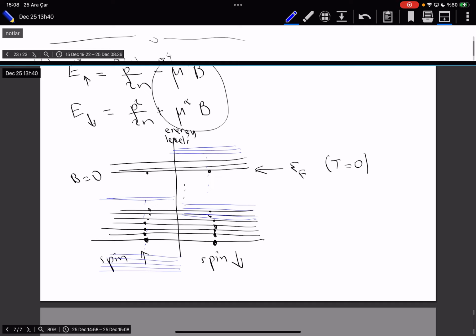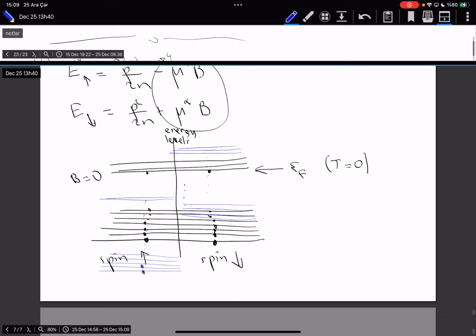Now, again, if you just imagine filling the energy levels one by one, just adding the electrons. You add the first electron, again at T equal to 0. It should be a spin-up state. It cannot be a spin-down state because it's in the ground state, the lowest possible energy state. You add one more electron. Again, it will be a spin-up electron. It won't be a spin-down electron. You see, in the case of B equal to 0, spin-up and spin-down energy levels were degenerate. So if you add the electrons one by one, it will go one to spin up, one to spin down.